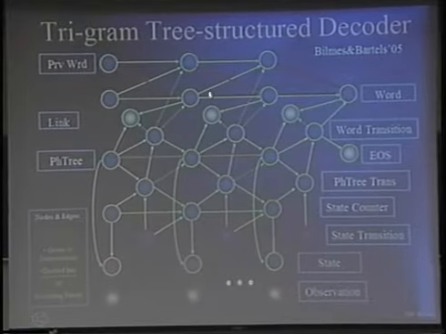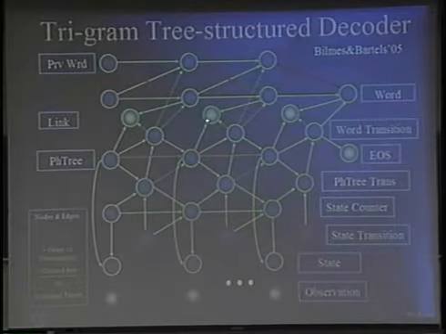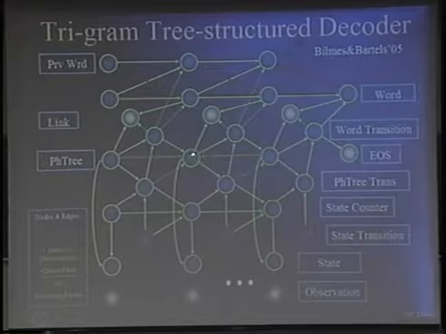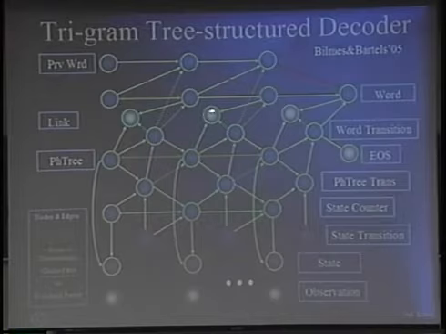You don't need to understand the details. The idea of this graph is that you have this virtual evidence mechanism where you have this node here, which basically says that when a phone tree variable reaches the end state, and you take a transition out of that end state, this variable forces the next word token to be equal to this, and that's being enforced by this virtual evidence token.